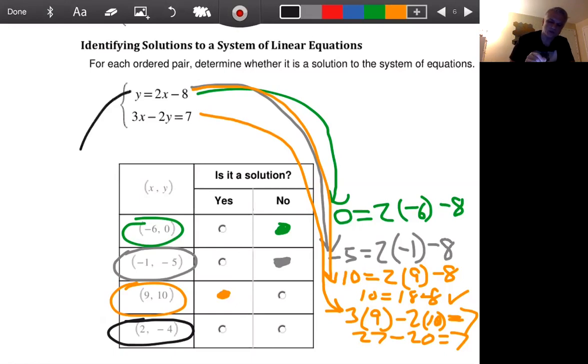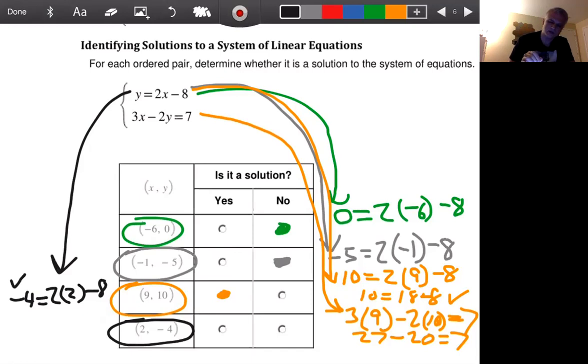So let's try the first one. So y equals, so -4 equals 2 times x minus 8. Okay, 2 times 2 is 4. 4 minus 8, that's -4. That one works.